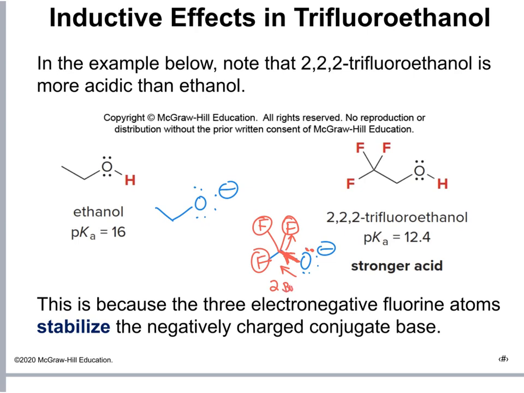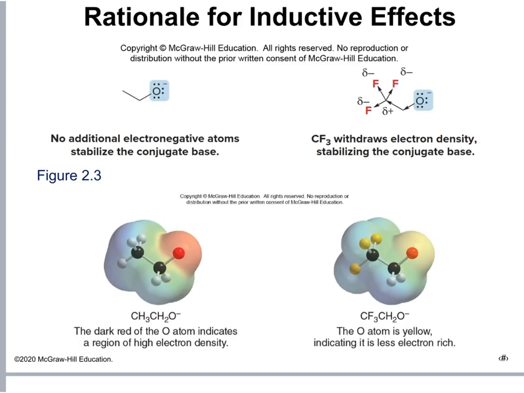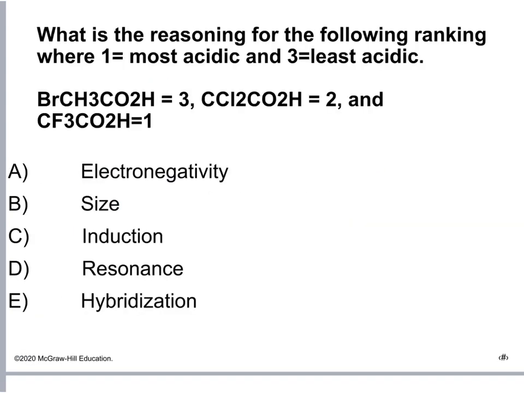That's 2 bonds away. So this is going to be very strong. Look at the pKa value, 12. So 12 versus 16 is maybe 3 or 4 zeros. Okay, so this carbon only has hydrogens and carbons. These are not electronegative elements. And so it's just showing you that. That's an inductive effect.